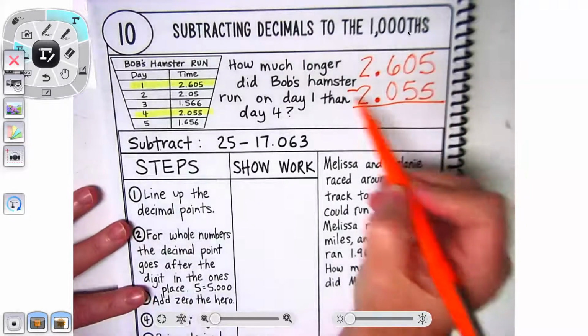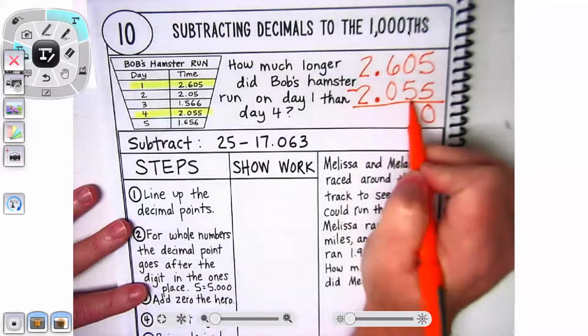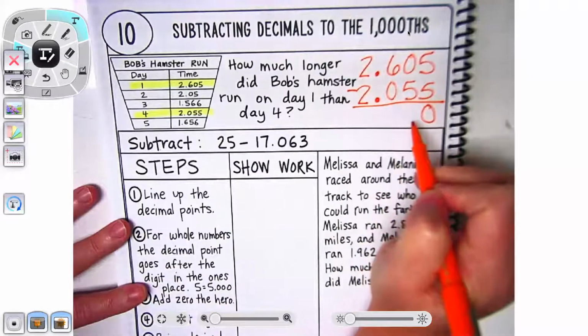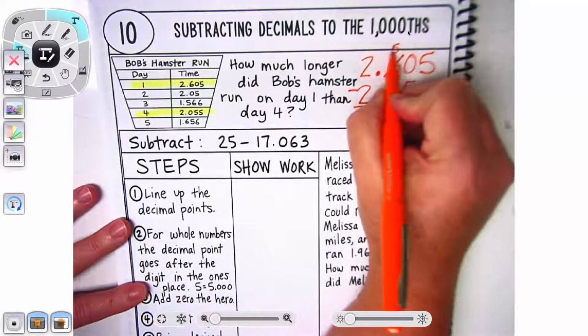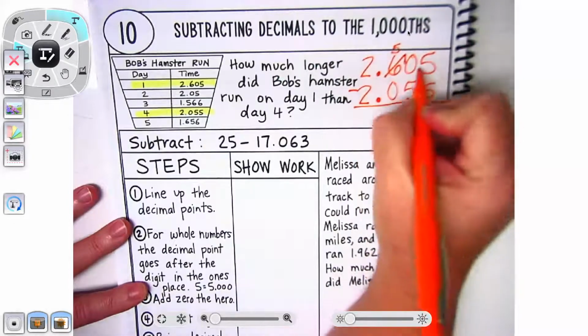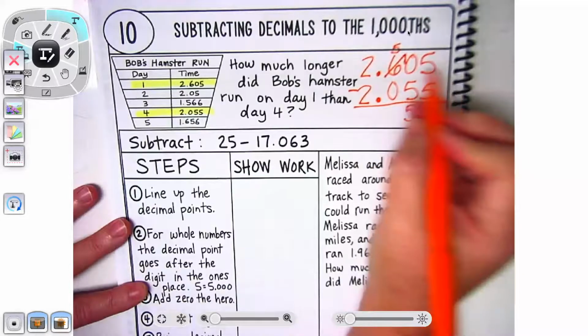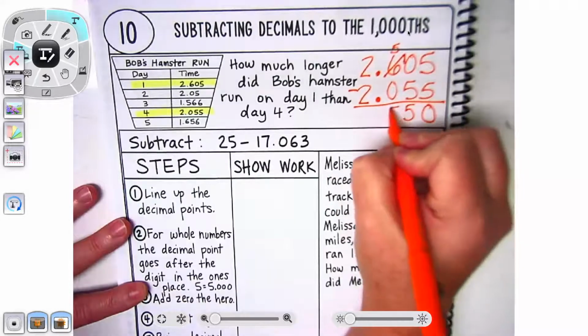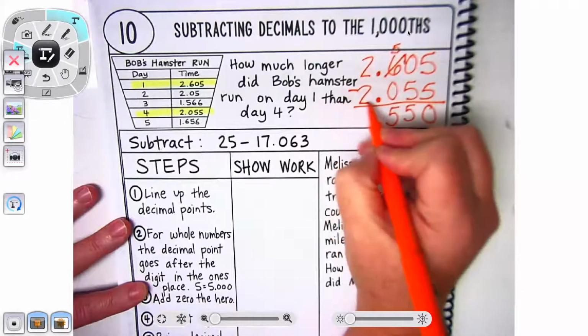5 minus 5 is 0. 0 minus 5 is 5. No, no, no, no, no. We got to borrow. So borrow from the 6. Make this 10. 10 minus 5 is 5. 5 minus 0 is 5. We're going to bring down our decimal point. 2 minus 2 is 0.